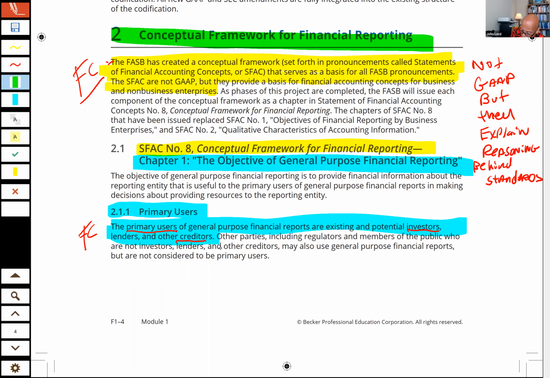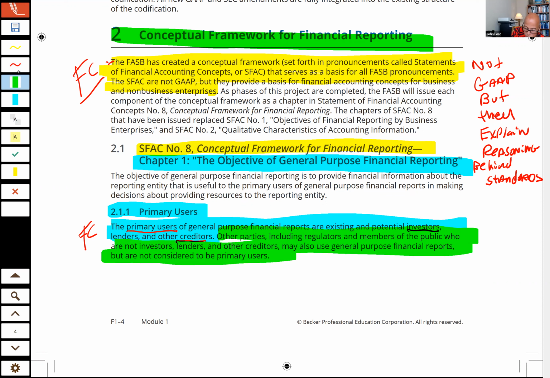Now, there are other parties, including regulators, the SEC, the IRS, the general public, who are also interested in financial statements, but they are not considered primary users. So they would be considered secondary users.